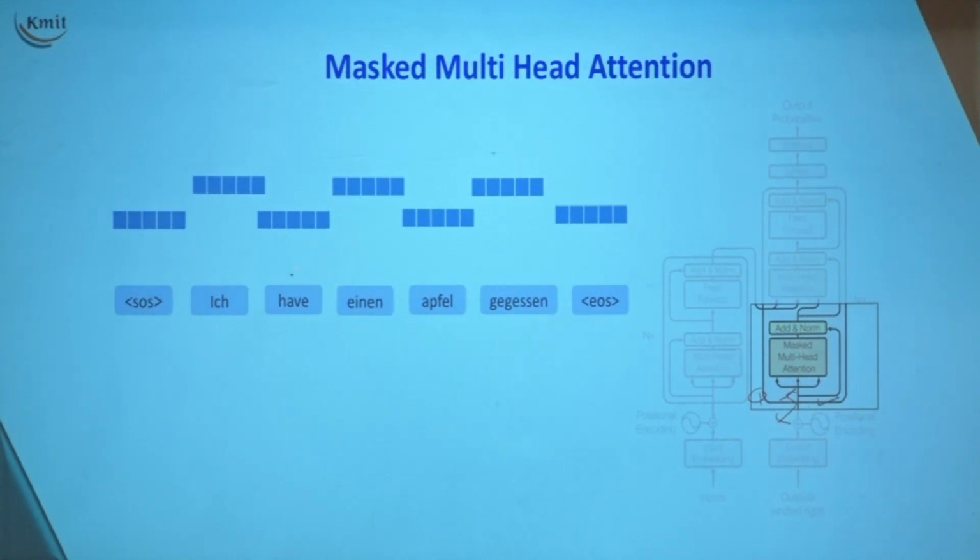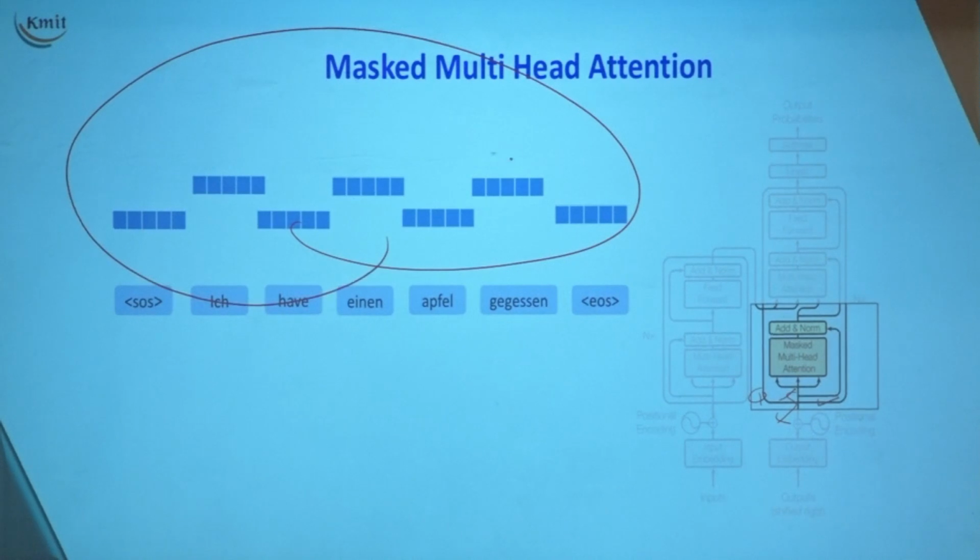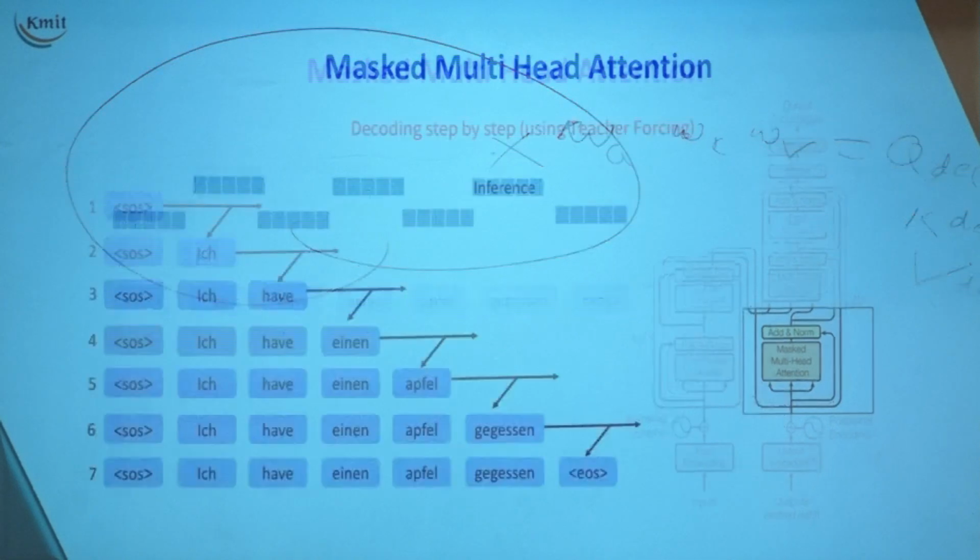These tokens that I have generated. So these tokens are multiplied with W of Q, W of K, W of V, with which I generate what? Q, K, V of the decoder. Are you all clear?